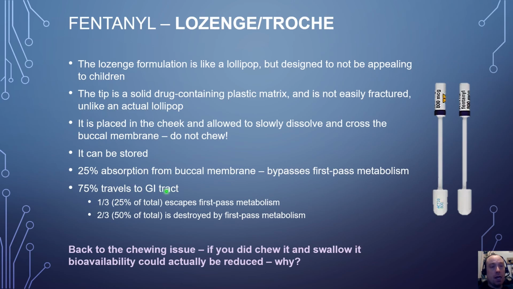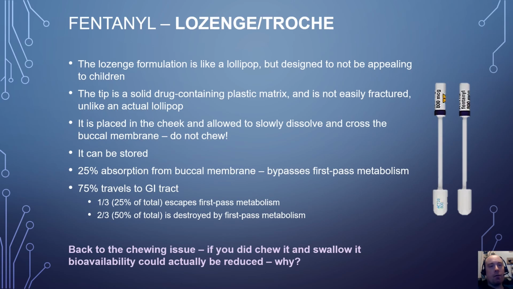75% does get into the GI tract, even if you're not trying to do that. So you're going to swallow it with saliva, but only about a third of that escapes metabolism, and about 2/3 is destroyed by metabolism. So effectively, you only get about 25% active in getting into the blood from the GI tract, and about 25% of the total dose from the buccal membrane.